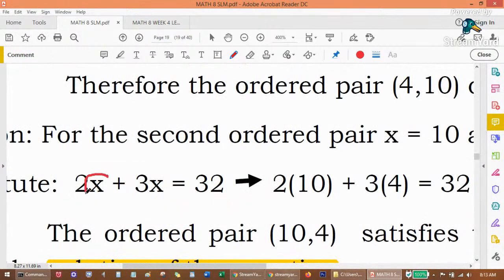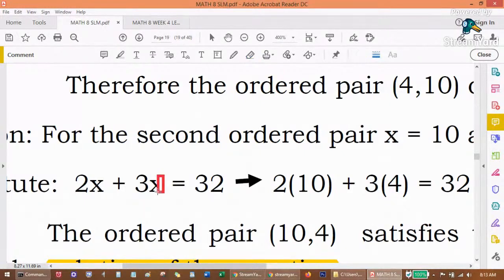And then we substitute x-coordinate dito. Oops, may mali. It should be y. Saglit lang. Correct ko lang ha. I will just correct bago ko makalimutan.